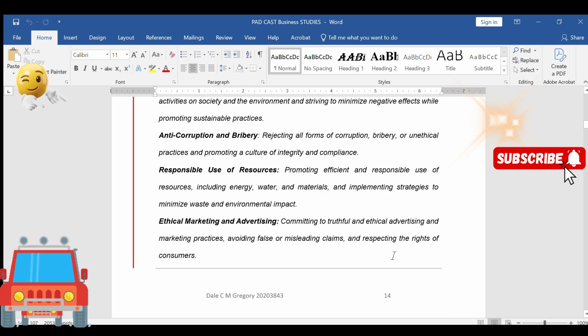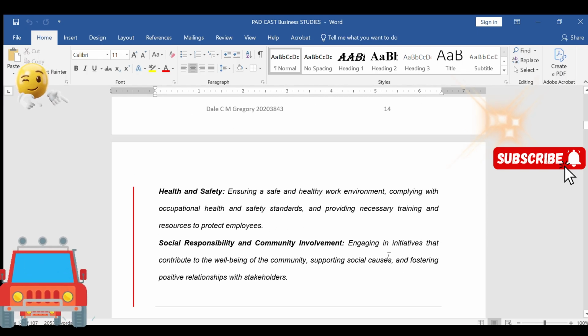This is committing to truthful and ethical advertising and marketing practice, avoiding false or misleading claims, and respecting the rights of consumers. Health and safety, ensuring a safe and healthy work environment, complying with occupational health and safety standards, and providing necessary training and resources to protect employees.